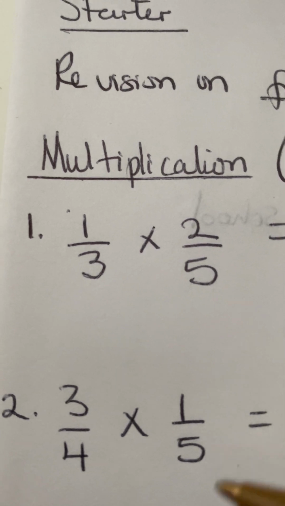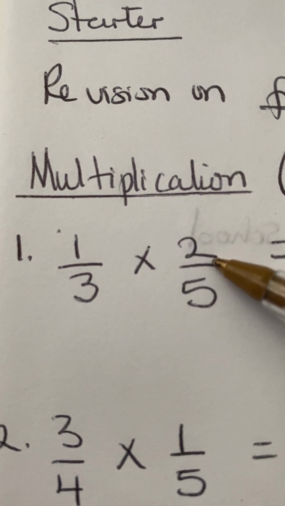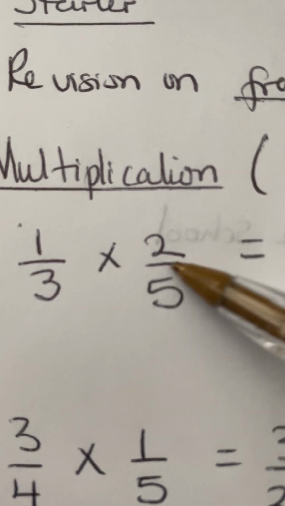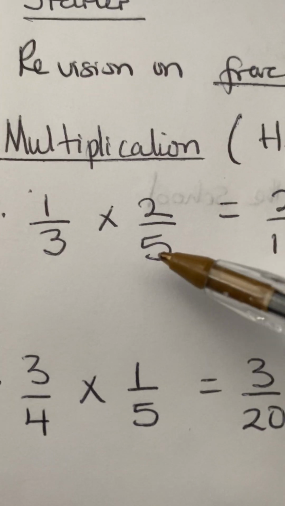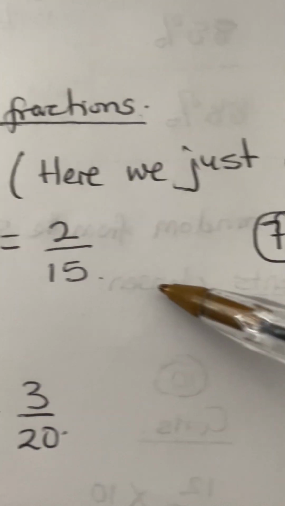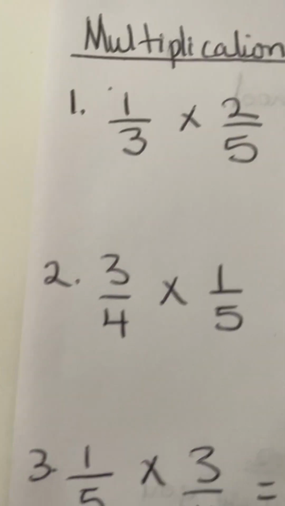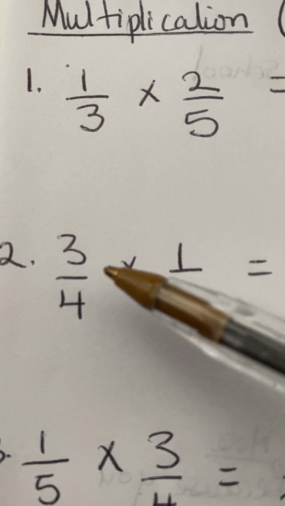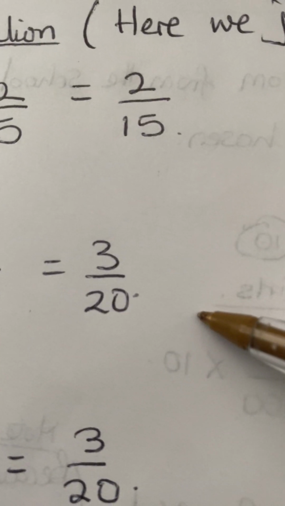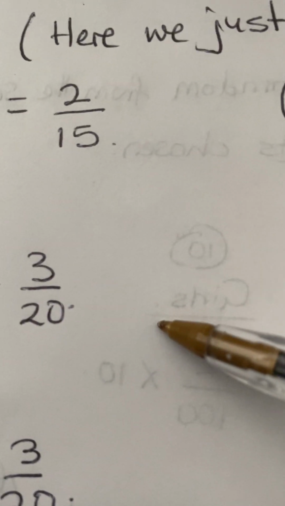So this example, 1/3 times 1/5. The numerators, 1 times 2 is 2. The denominators, 3 times 5 is 15. So we have 2/15. Number 2, numerators, 3 times 1, 3. Denominators, 4 times 5, 20.